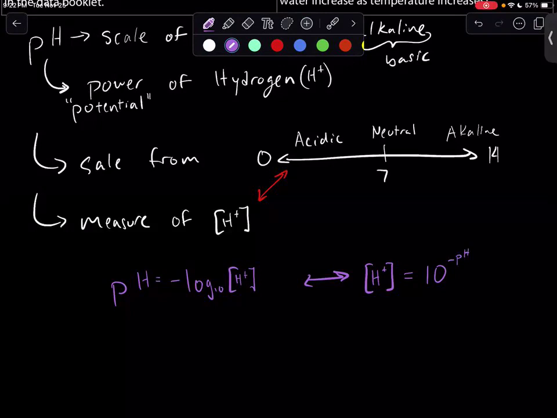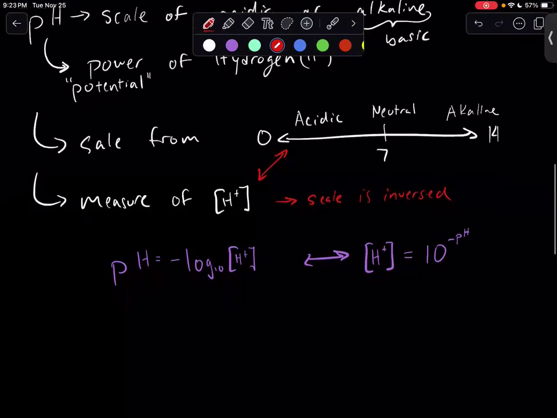And that's just transforming the logarithm. So right here, we realize that our scale is inversed. A higher hydrogen concentration means a lower value on the pH scale, or more acidic.